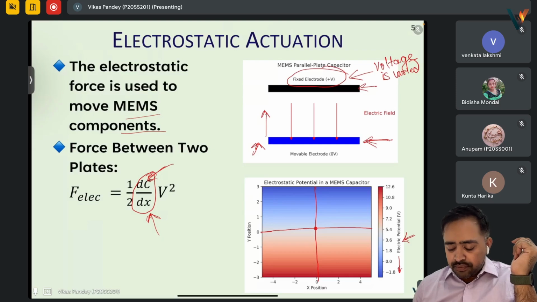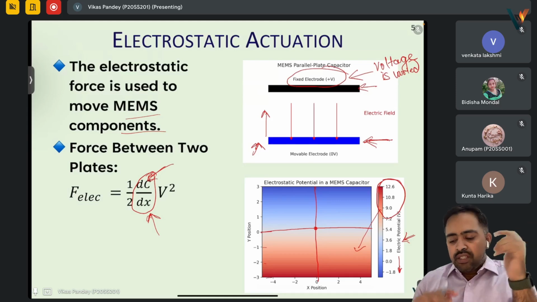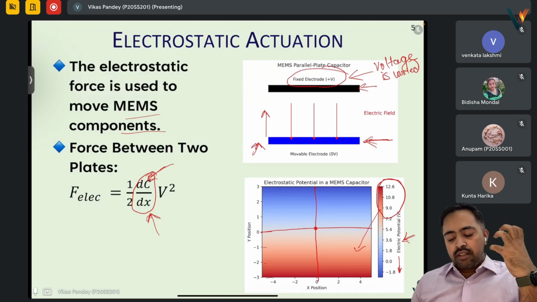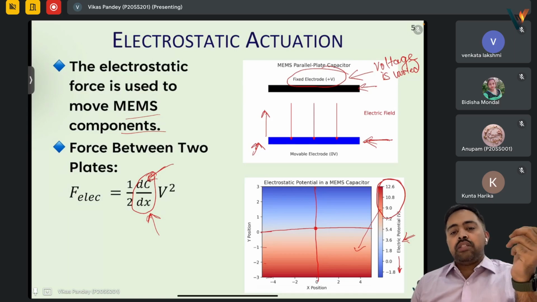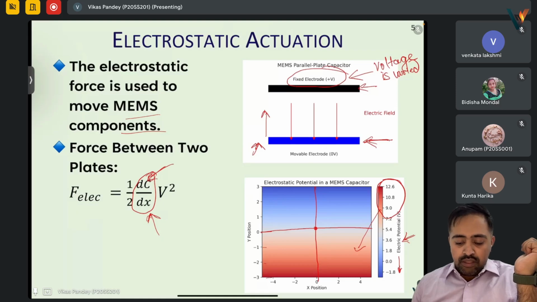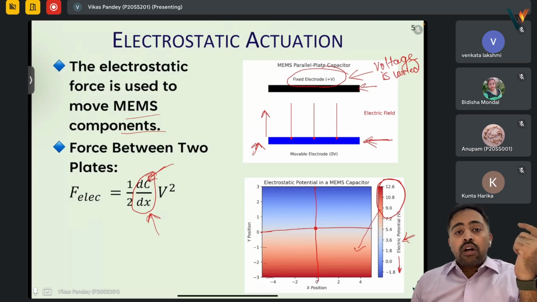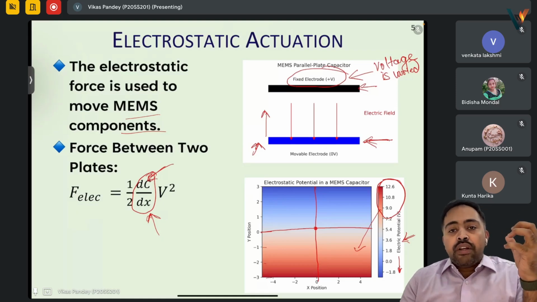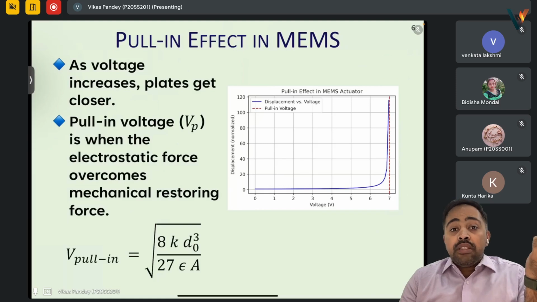Then to move it away, in the negative direction, a higher voltage is to be applied. This is just a simulated representation, not an actual one. We'll see some actual images also. So this is how the pull-up effect in MEMS is done.